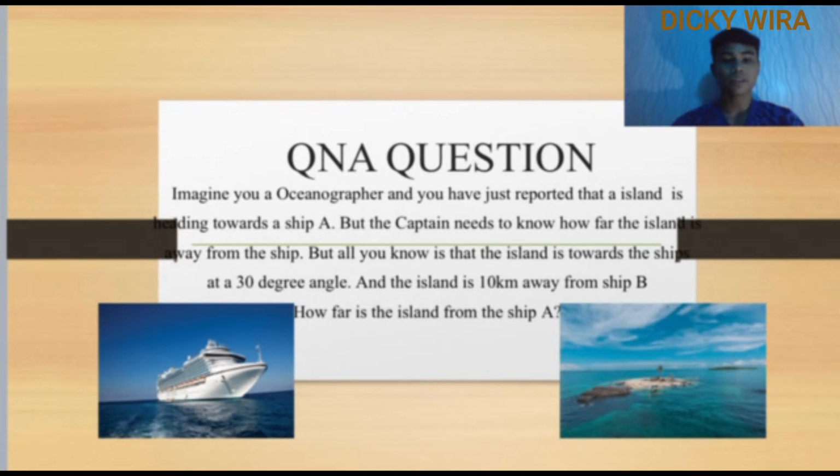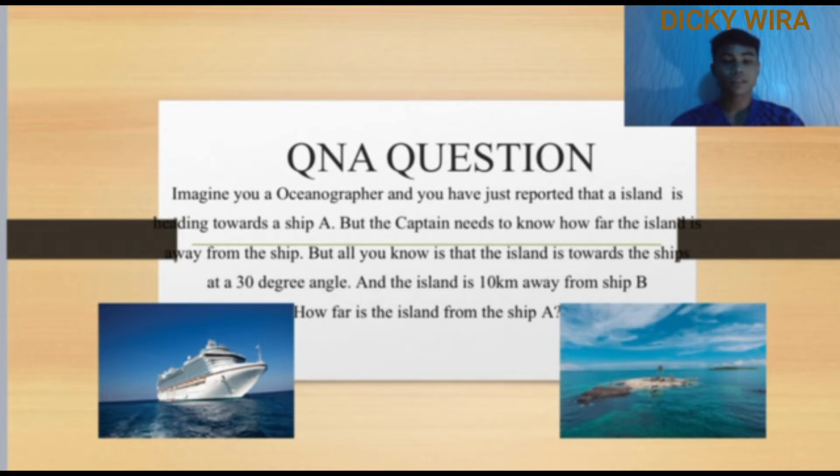Imagine you are an oceanographer and you have just reported that an island is heading towards ship A, but the captain needs to know how far the island is from the ship.